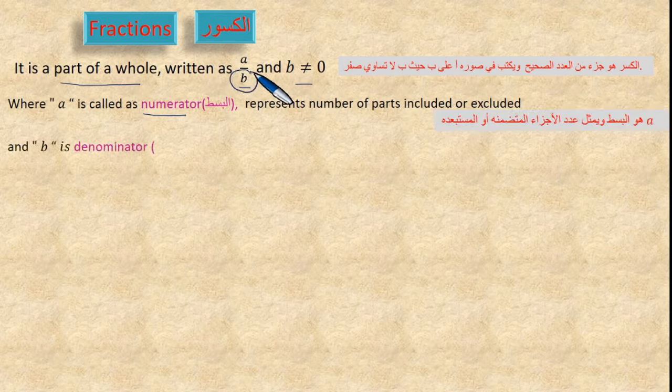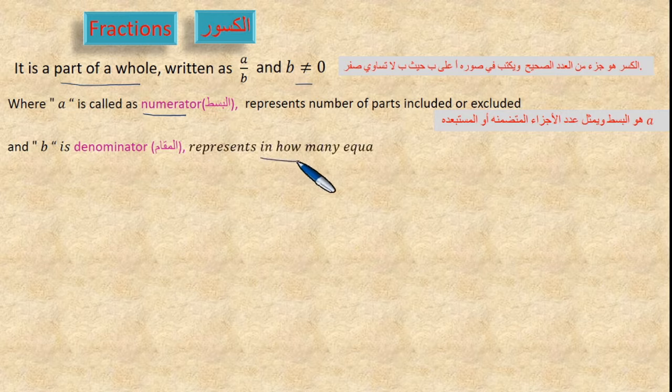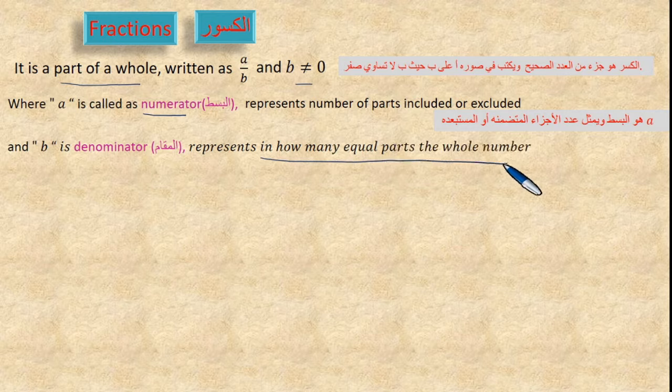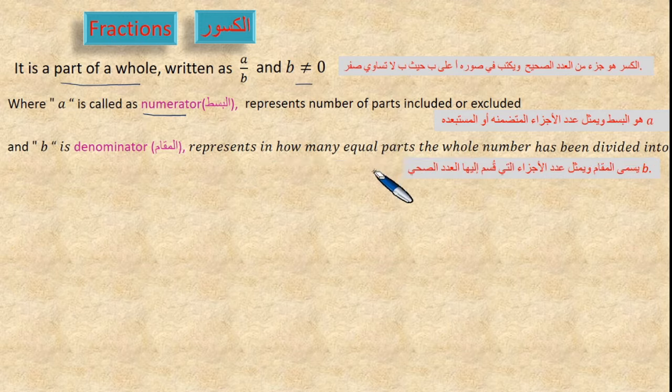And b, the bottom one, is called the denominator. Remember this terminology. It represents in how many equal parts the whole has been divided.